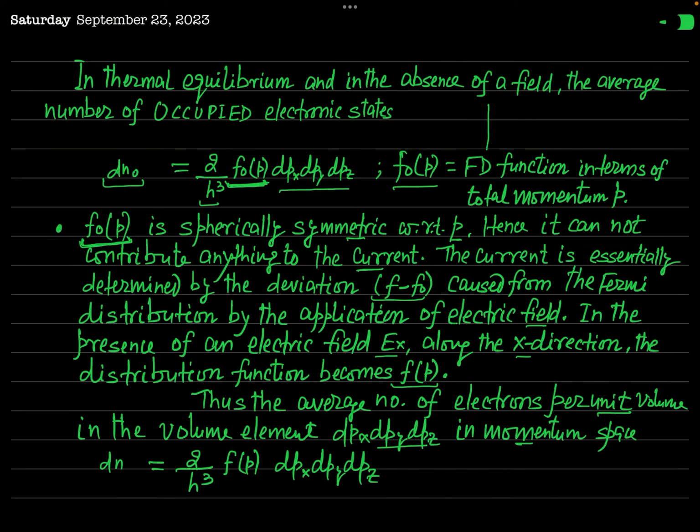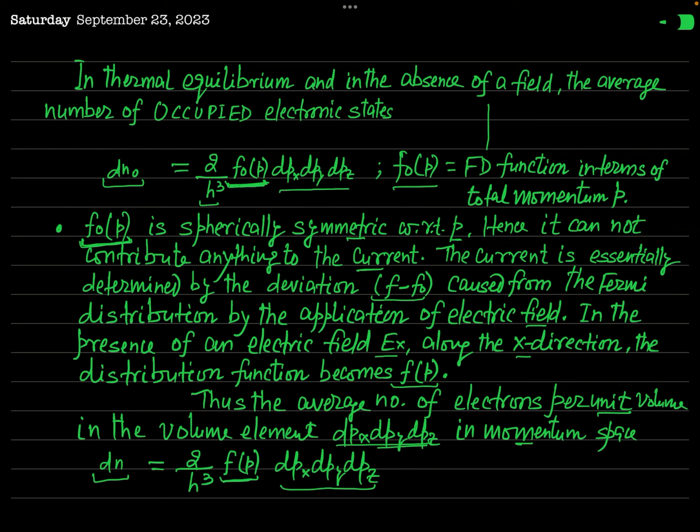And the number of occupied states is found simply by multiplying the number of quantum states 2 by h cube dpx, dpy, dpz by the Fermi-Dirac distribution function, which is called the occupation probability. So the product of the number of quantum states and the occupation probability f of p gives the average number of electrons per unit volume in the volume element. And in the perturbed state, we have considered that this number is dn.